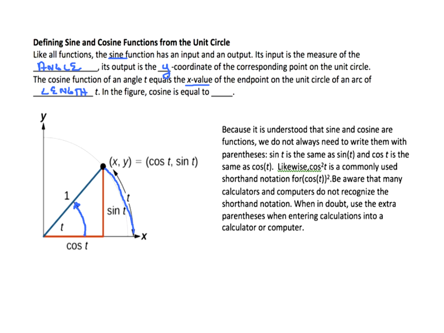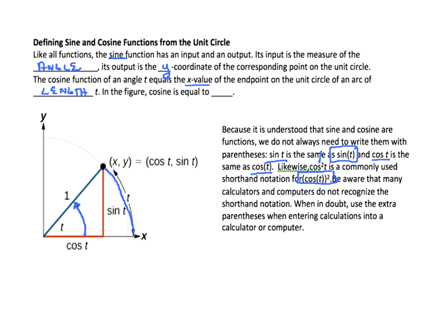Okay, so because it's understood that sine and cosine are functions, we do not always need to write them with those parentheses. So you see here we have sine of t there. You'll see it with or without, and it means the same exact thing. One thing that is important to note is that when you square the sine of an angle or the cosine of an angle, you don't write it like this.